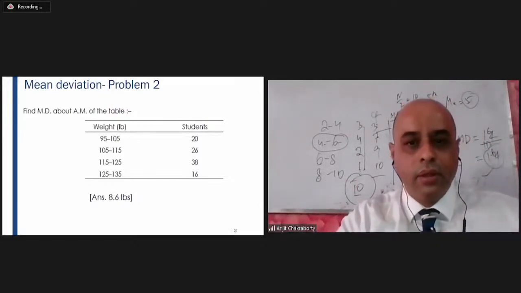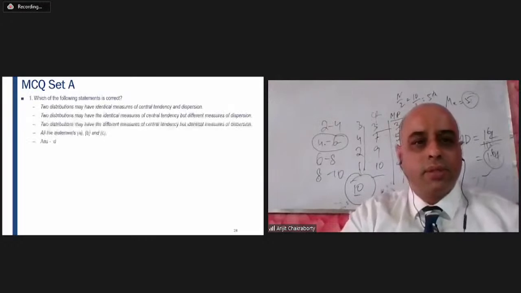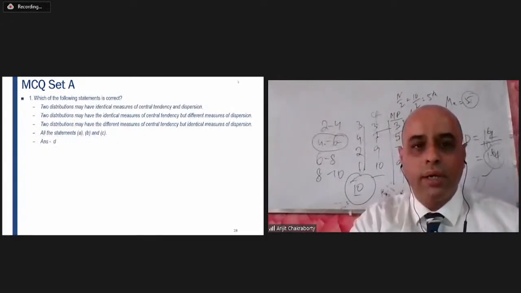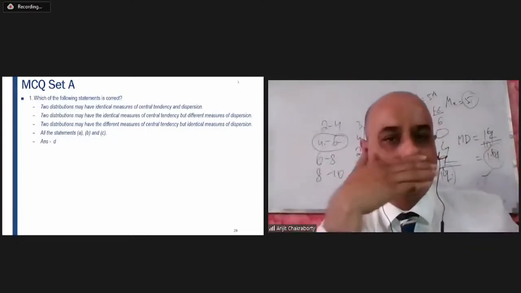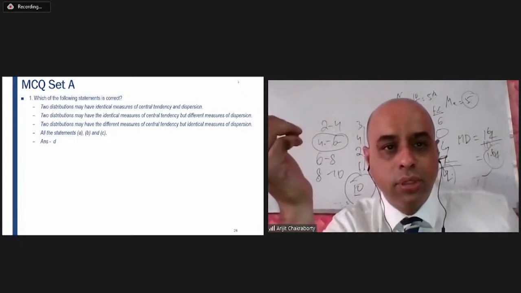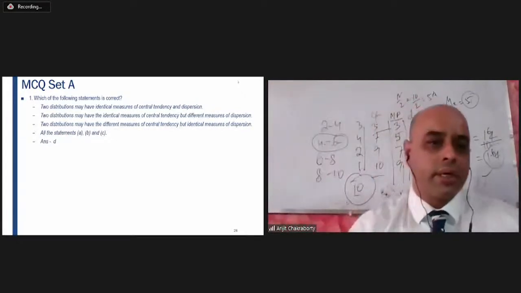Now we'll go into MCQ set A. Which of the following statements is correct? Two distributions may have identical measures of central tendency and dispersion. Yes, it is correct.